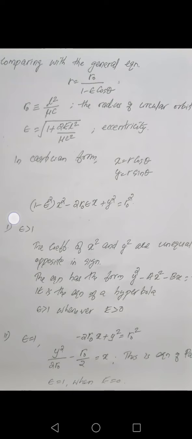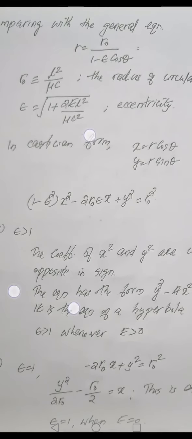Okay, so in Cartesian form, x is equal to r cos theta, y is equal to r sin theta, and the equation becomes this one: 1 minus epsilon square into x square minus 2r0 epsilon x plus y square equal to r0 square. This we learned while we were discussing ellipse.